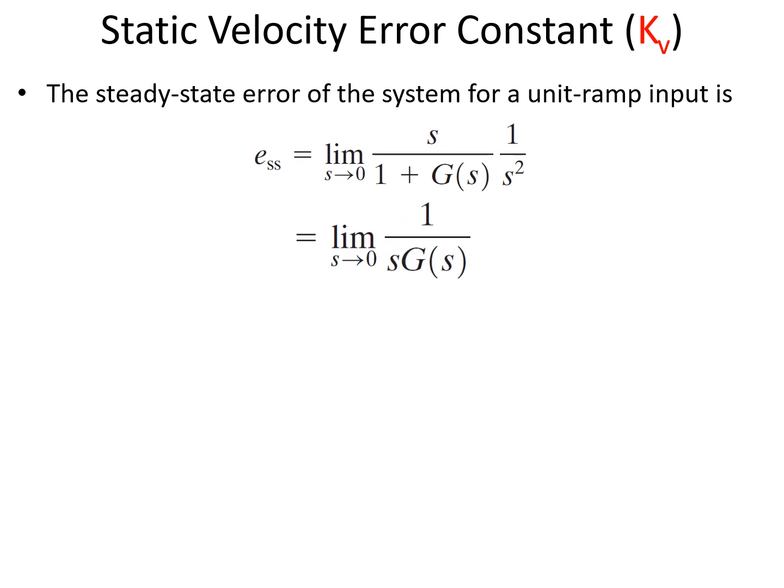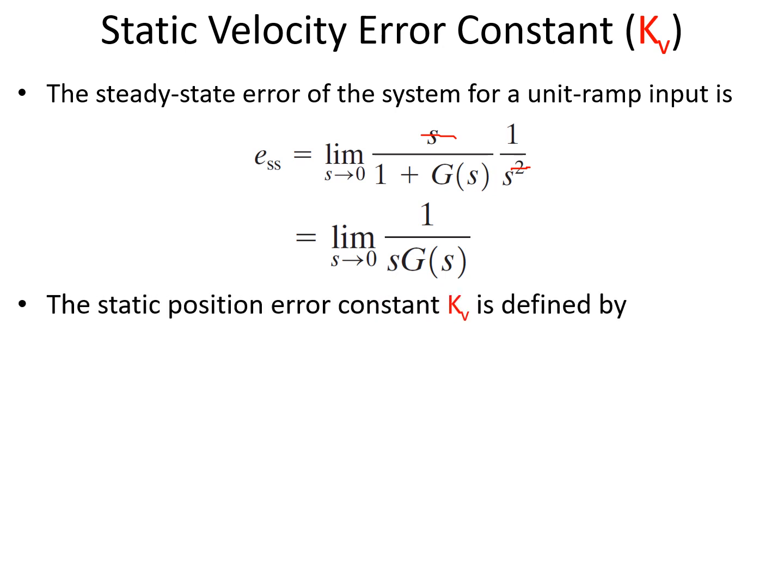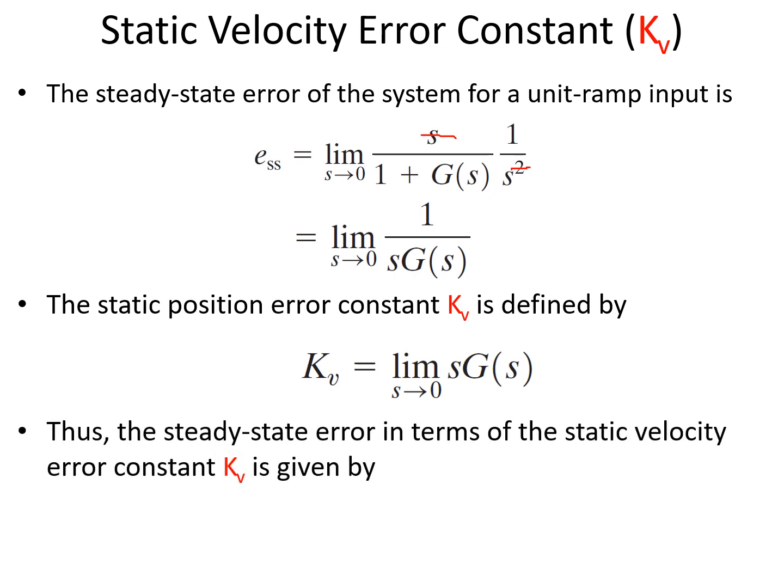When you apply the limits, one of your s gets cancelled, and you get the value as limit s tending to 0 of 1 divided by s into G(s). This is my error value. And if I take my static velocity error constant Kv, which is defined as Kv equal to limit s tending to 0 of s into G(s), by replacing it I can write my steady state error ESS as equal to 1 by Kv.